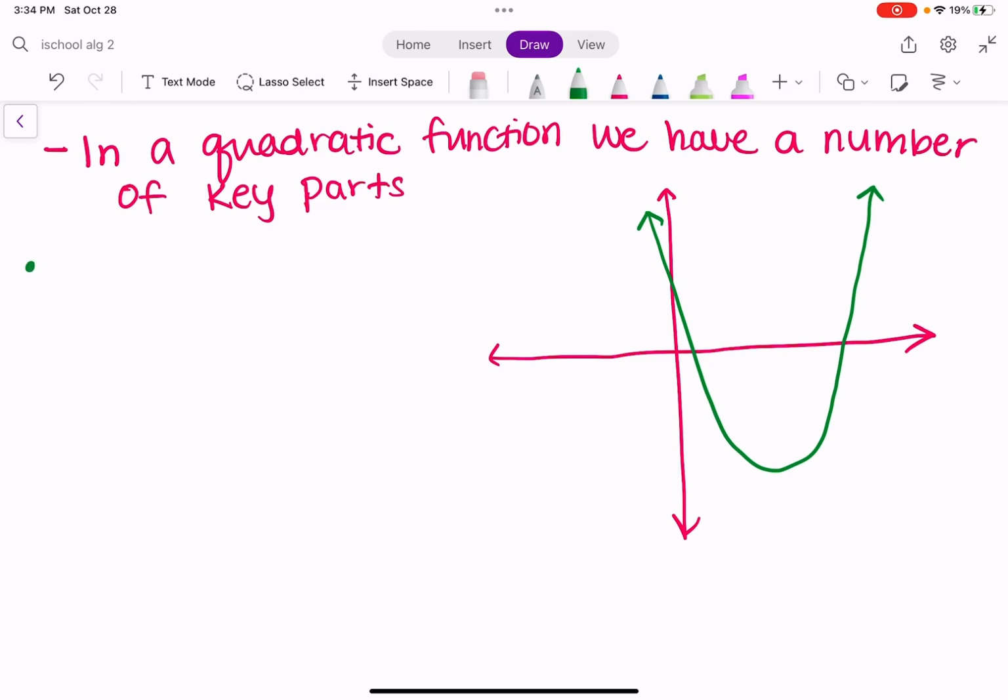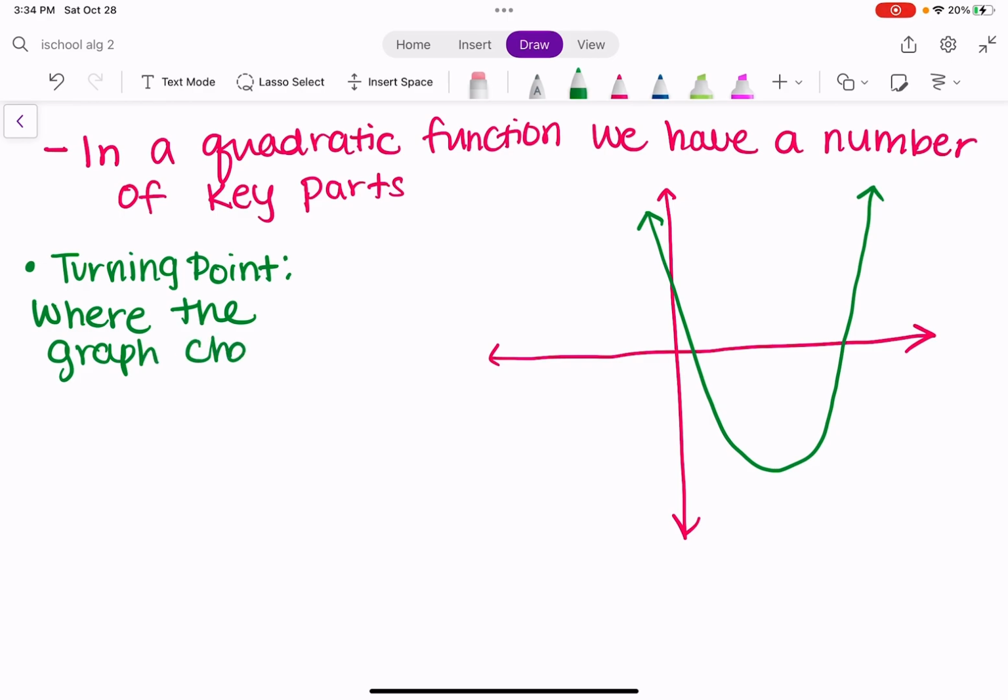The first thing that we're going to talk about is what we call a turning point. So turning point, that's kind of like the vocab word. Turning point is where the graph changes direction, right? So it might be decreasing.